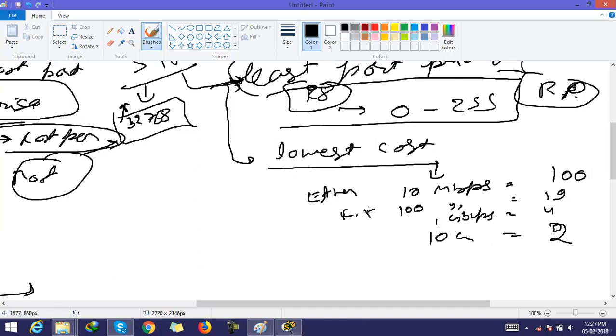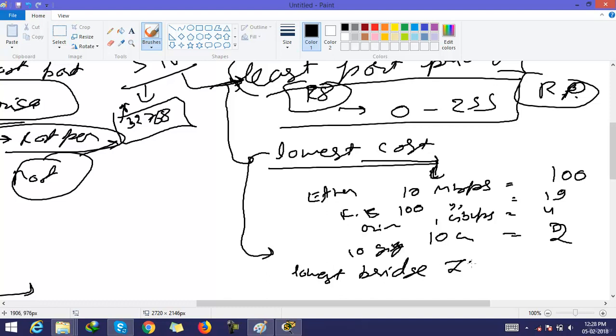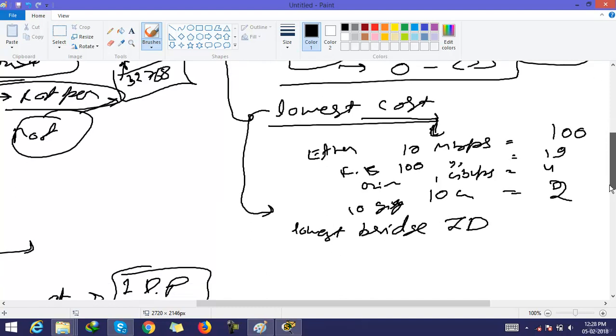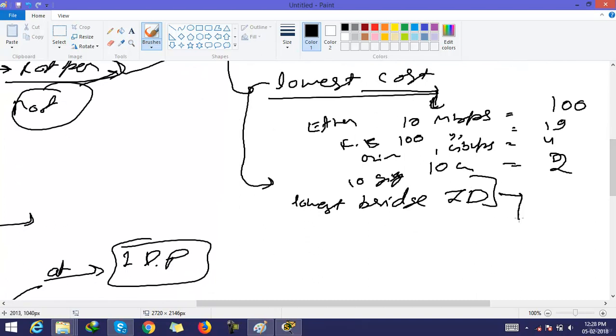If all links have the same cost, then the election comes to the lowest bridge ID. If the bridge ID is also the same, then the election goes to the lowest port ID.